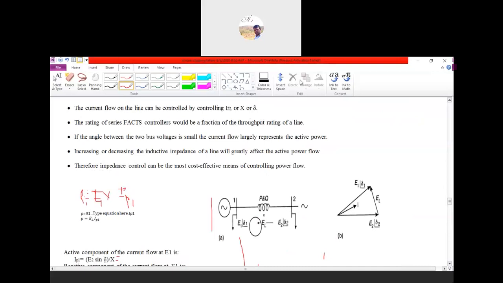This is for x1, this is for x2, and this for x, for different values of x. For active power we have the sine, and for reactive we are considering the cos.